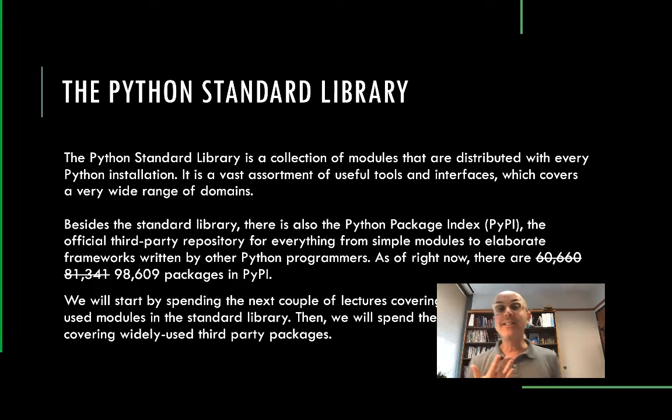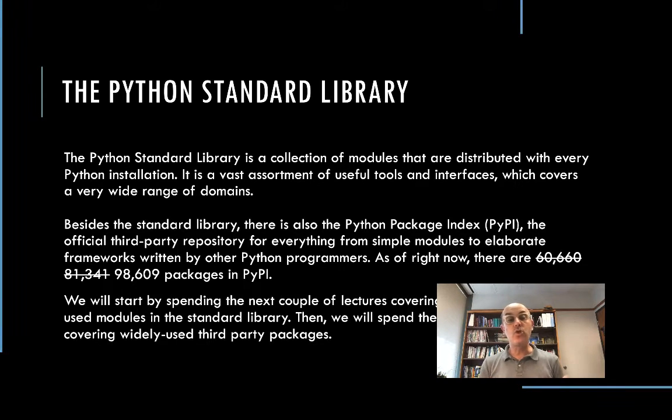The Python standard library is a collection of modules that are distributed with every installation of Python. It is basically the tools and the interface that give us the ability to build different applications. For example, in my previous presentation, I went over one of those libraries.